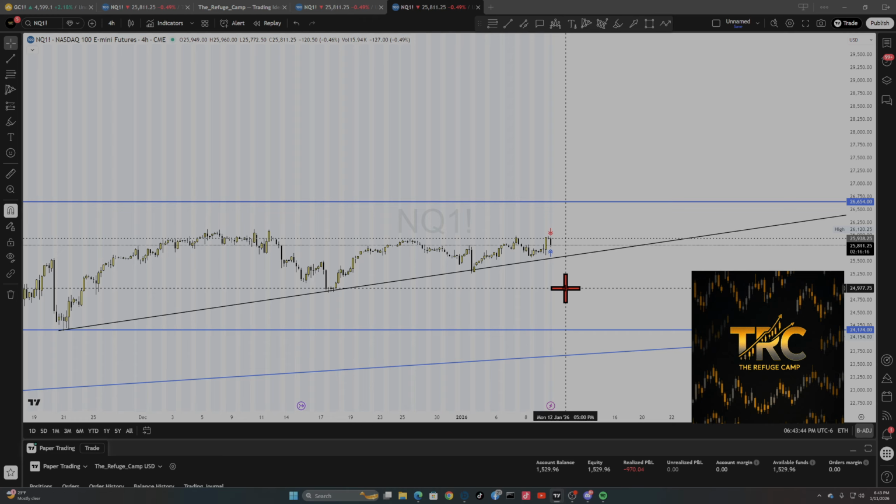Now, that doesn't mean you can't make money trading against the trend. Some of my single biggest trades have come from trading a bounce or a counter trend trade. Okay? It's up to us to let the charts and the price action determine what we do and when we do it.